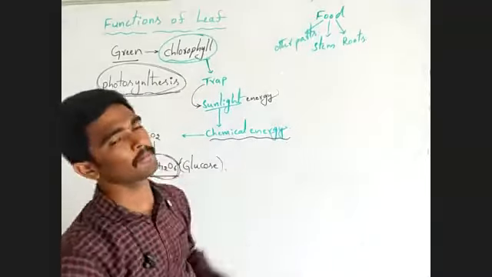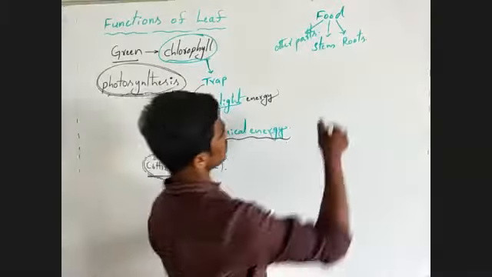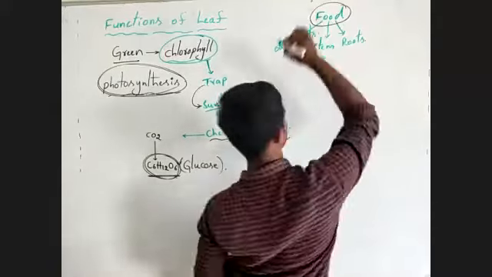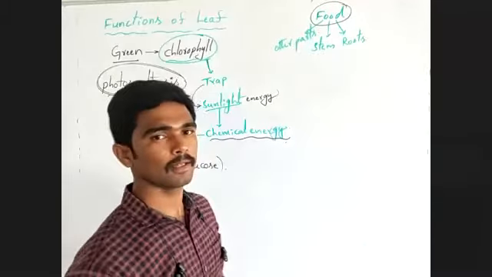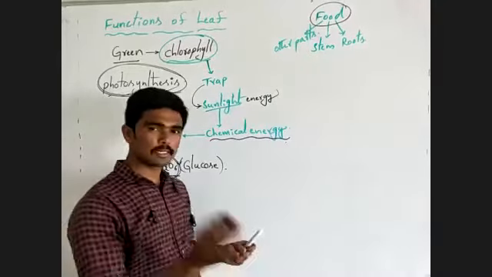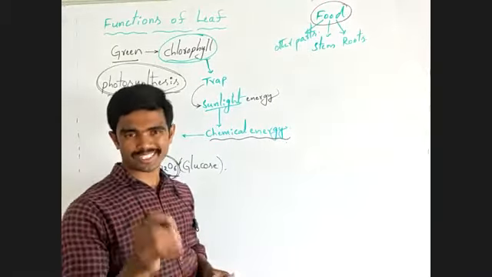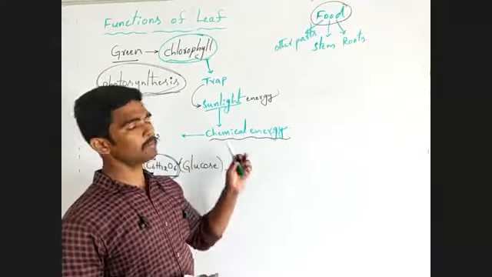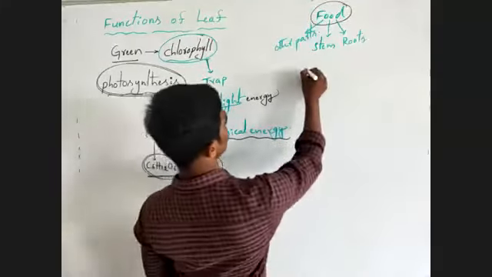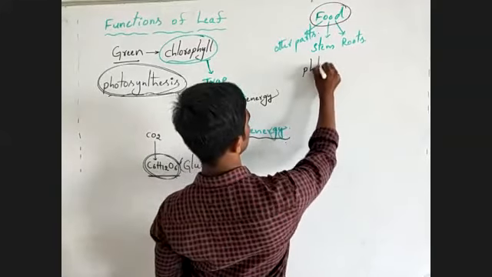Observe here. How is the synthesized food material transported? There are some specialized structures of tissue in plants. They are phloem.